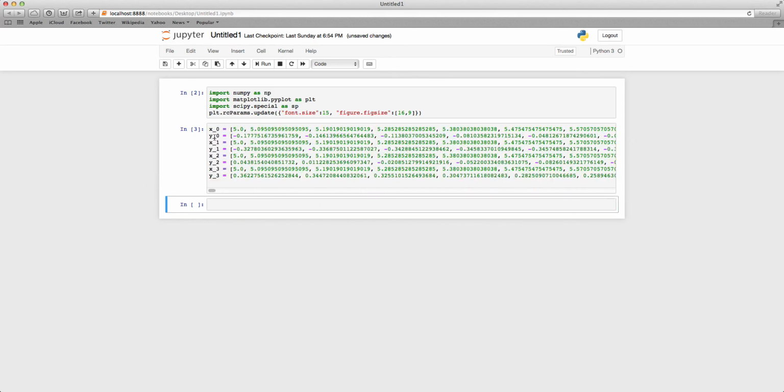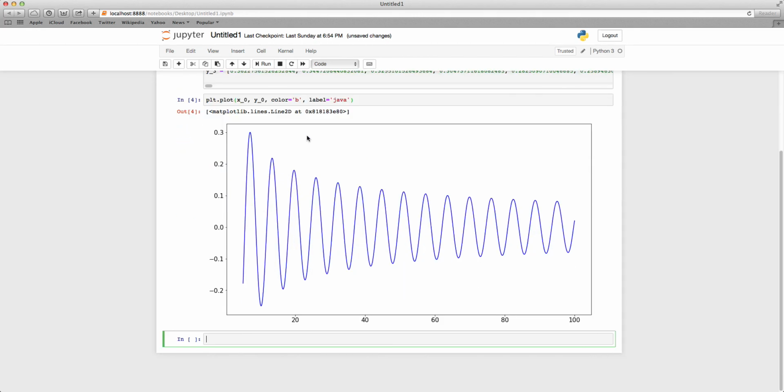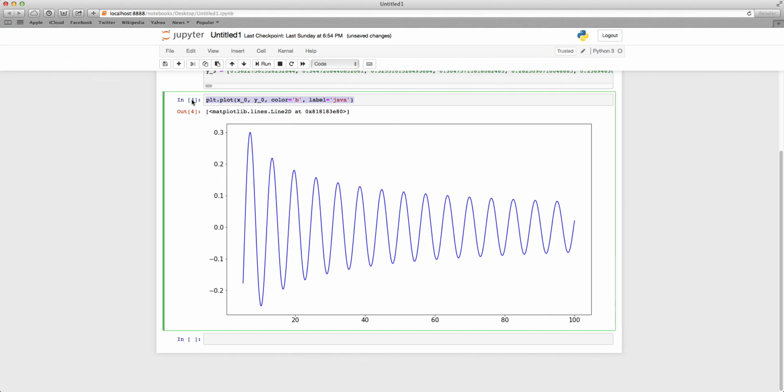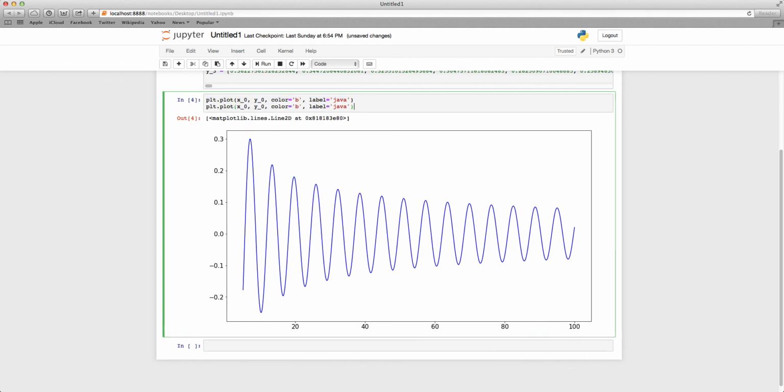So we have J0, J1, J2, J3, so 4 figures, and we want to plot plt plot x0, y0, color B, and then label Java. All right, so we want to plot this, and then we also want to plot this using the x values, but evaluate the j nu 0 and x nu red.